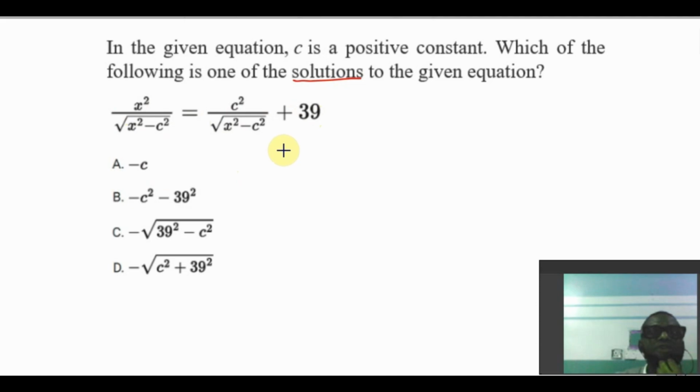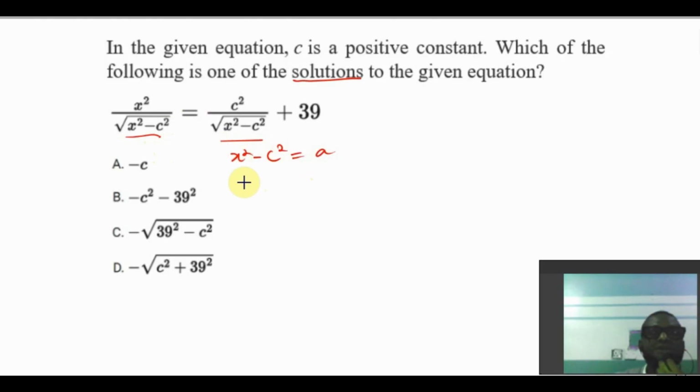Now looking at this equation, we have this denominator and this denominator are the same, and we have a lot of variables here. So what I will do is make an assumption. Let x square minus c square be called a.